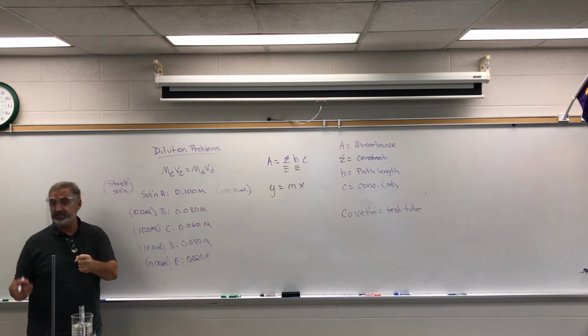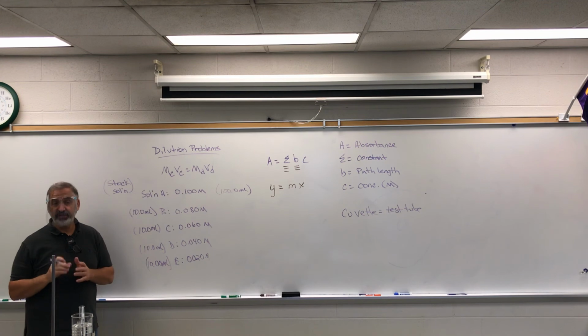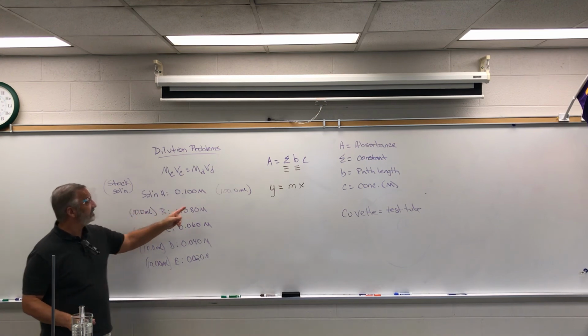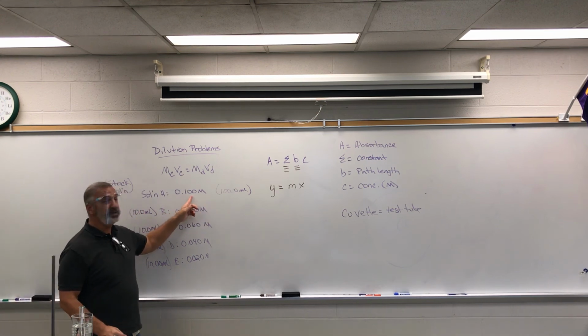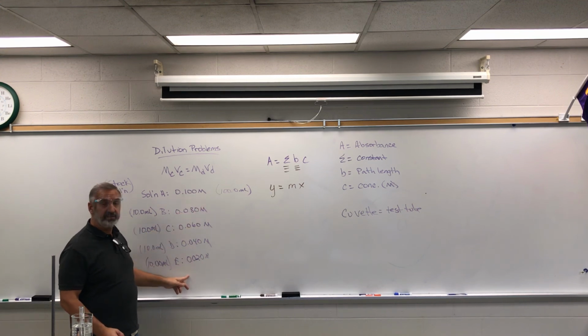You can put it on the balance, tare it, and then just add your solid to it. If you don't get exactly what you calculate, that's fine. Just know exactly how much you have and calculate your concentration from that. If your concentration comes out to 0.099, that's fine. It comes out to 0.101, 0.102, that's fine. Just know exactly what you have. Okay? Just try to be as accurate as possible on these.